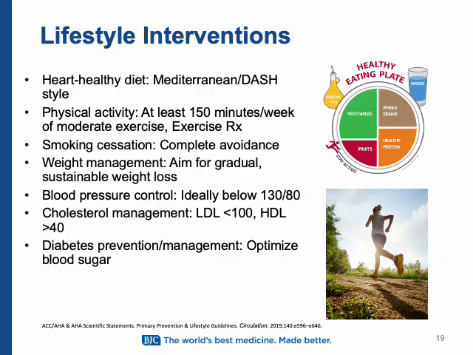Blood pressure guidance, the goal also from the American College of Cardiology and American Heart Association, is ideally below 130/80. For cholesterol management, keep the LDL below 100 and maintain healthy HDL levels, usually greater than 40. This can be done through diet, exercise, or both.